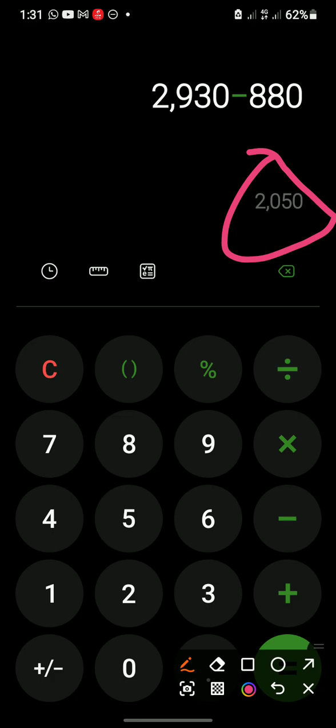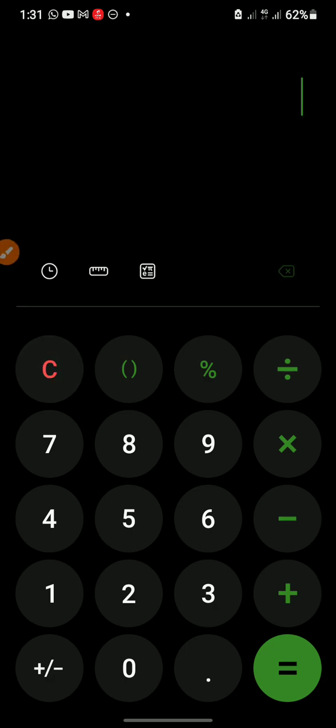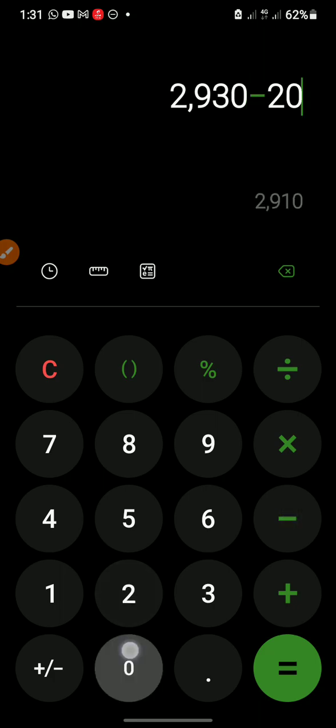Okay, let's use the current price. Pie has increased by 1.2. So 1,000 pie will give you $1,020. That means 2,930 minus 1,020.